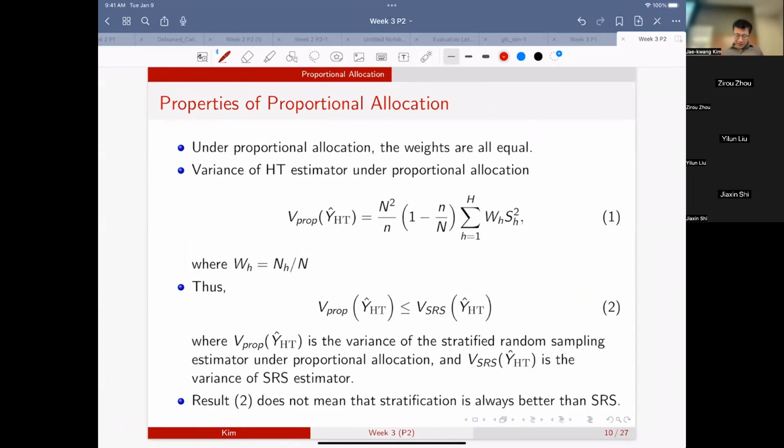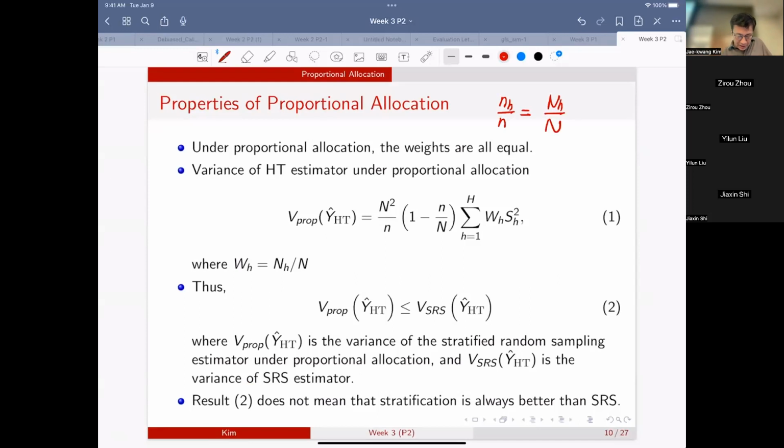The concept is really easy. In proportional allocation, the proportion of the sample size in a particular stratum h is equal to the proportion of the population size in that stratum.